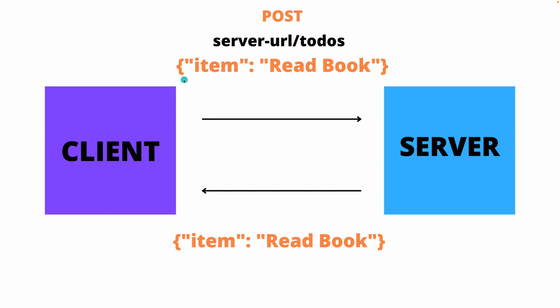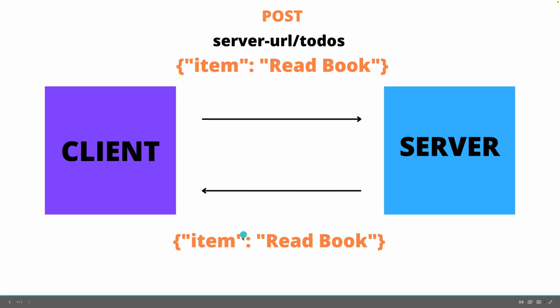So right over here, it provides this JSON blob where we have a key that is item and then the property that is read book. As you can see, the communication is going both ways through JSON. And then the server can do something, it can add that to-do into the database, and then it can actually send back that JSON blob of the to-do that it added.